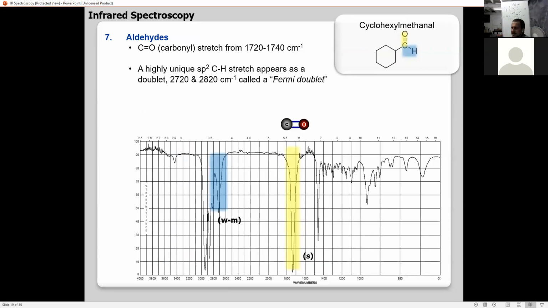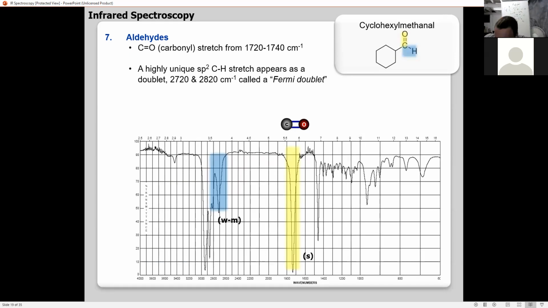Okay, so you see that big yellow dip? The aldehydes have a carbon to oxygen double bond. If anything has a carbon to oxygen double bond, you will see this dip down here, which almost goes to 0.